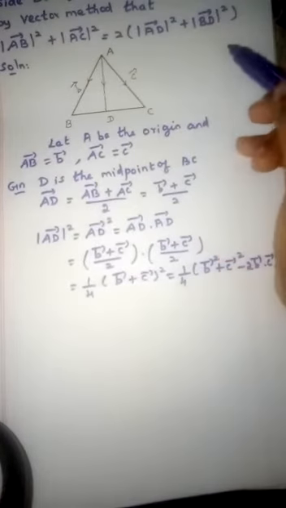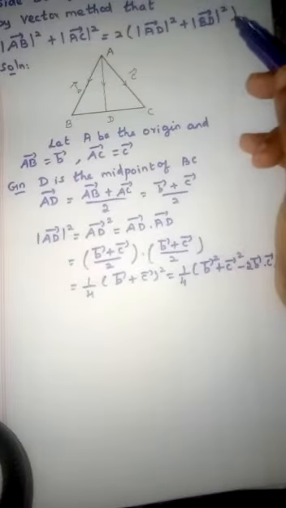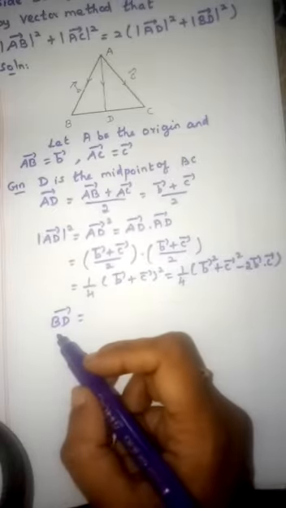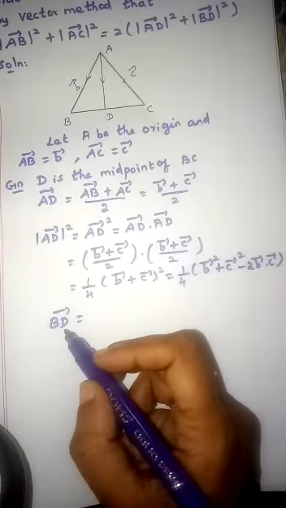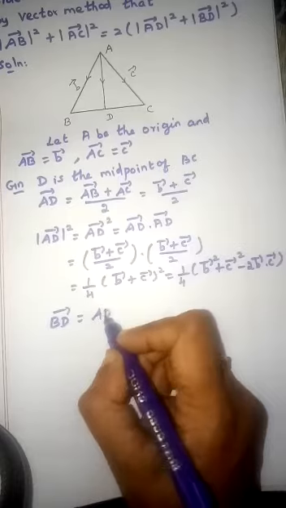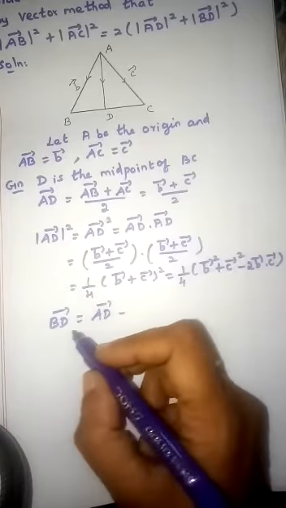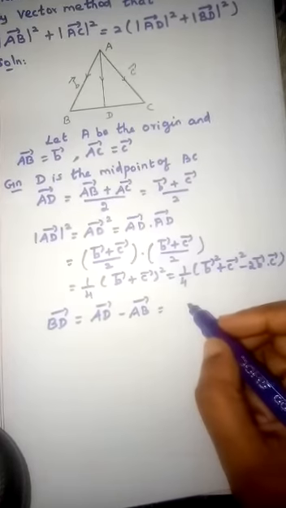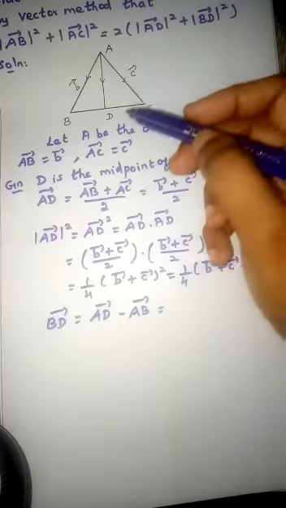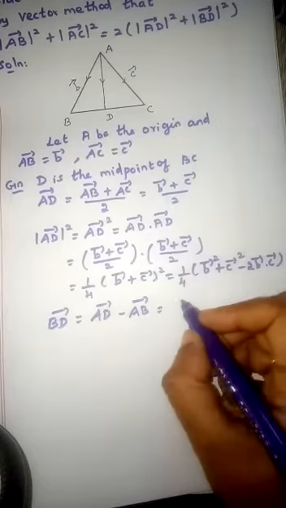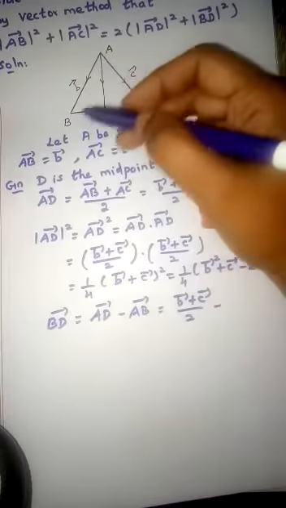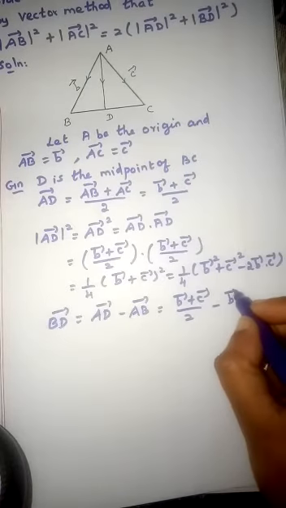So now you can find the next value, |BD|² the whole square. First we can find BD vector. How can you write this BD vector? The position vector of the second term, that is AD vector, minus the position vector of the first one, that is AB vector. AD vector we have already found, it is (b + c) by 2, minus AB vector, which is b vector.